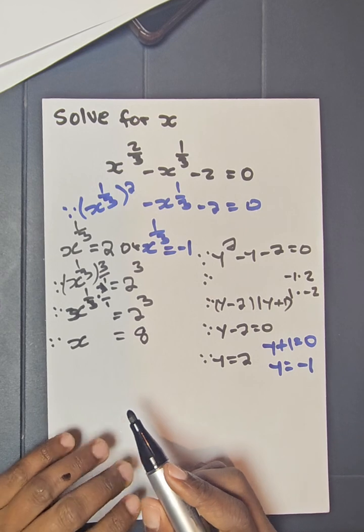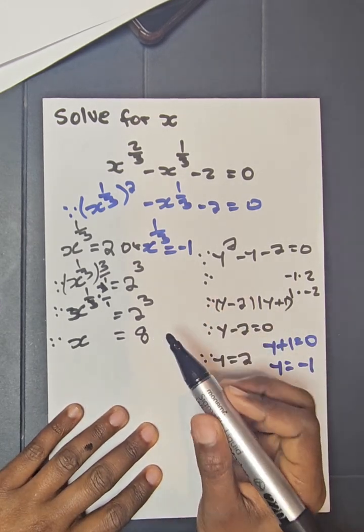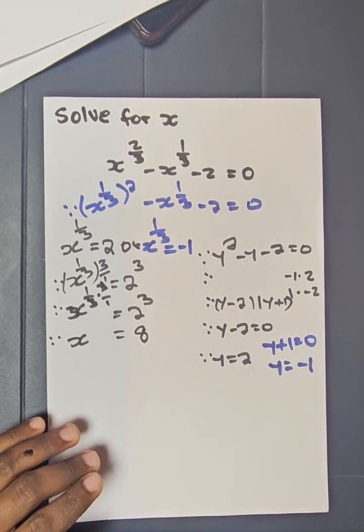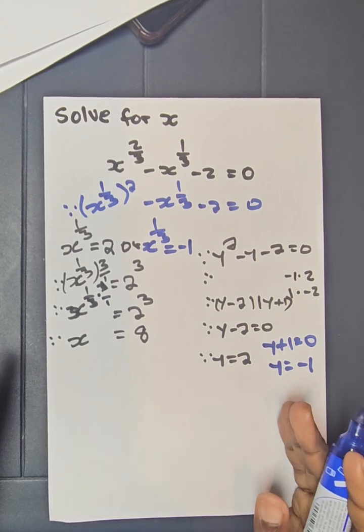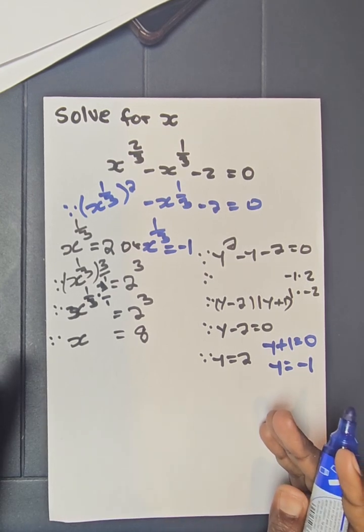On the other side, we have x to the power of 1/3 equals -1. So let's work it out.